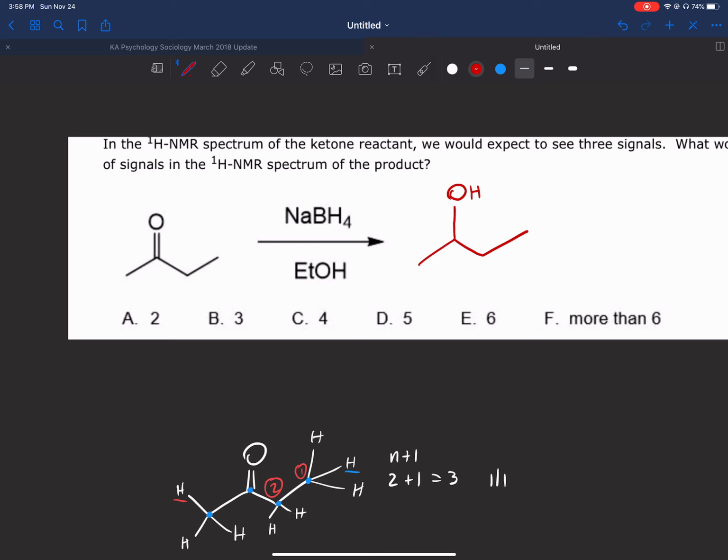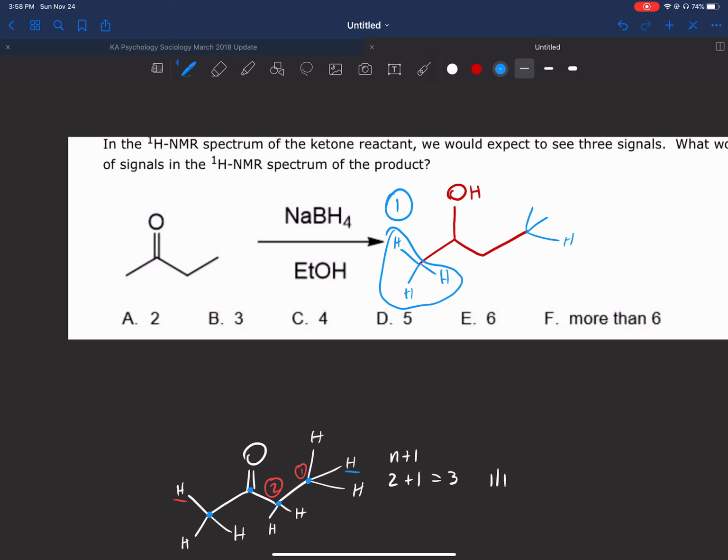Now, how many hydrogens do we have now? Okay? So here's where you need to be careful. We have to find again our unique hydrogens. We've already established that the hydrogens here count for one set. So let's just circle them. So we're still getting one signal there.